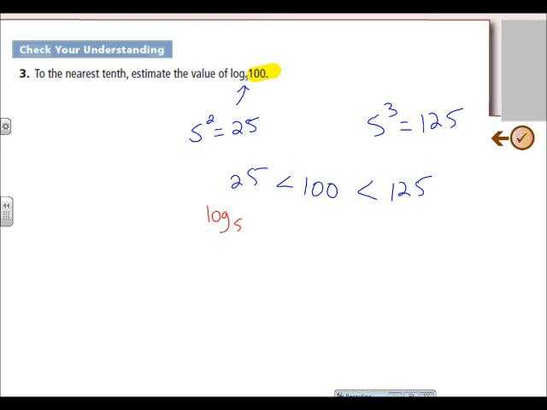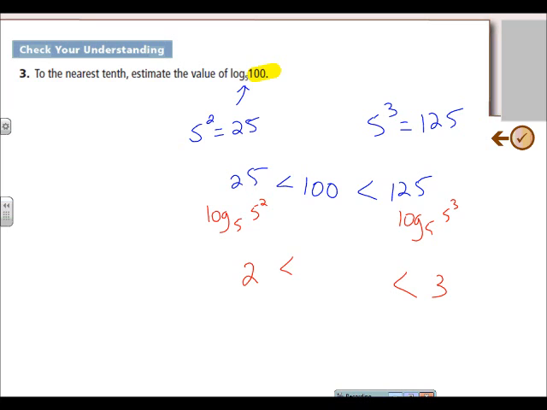That means that the log base 5 of 25, which is 5 squared, and log base 5 of 125, which is 5 cubed, my answer has to somewhere be between 2 and 3.